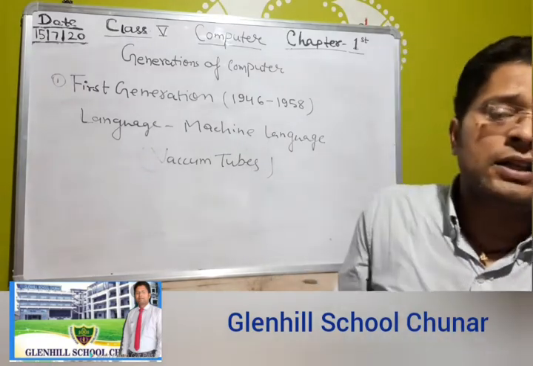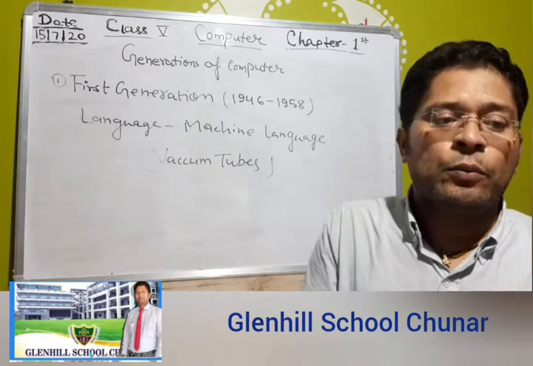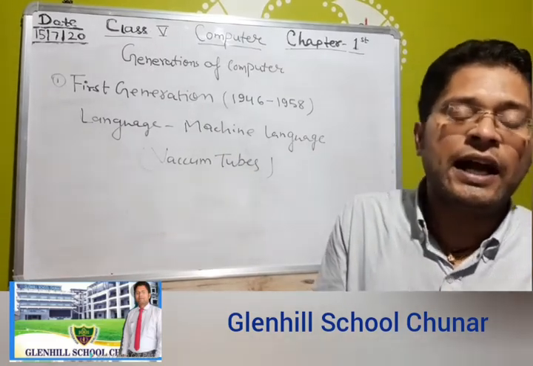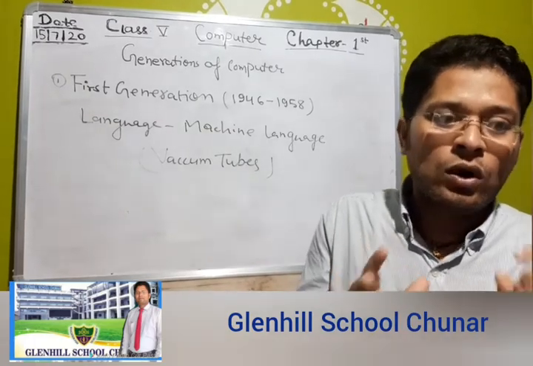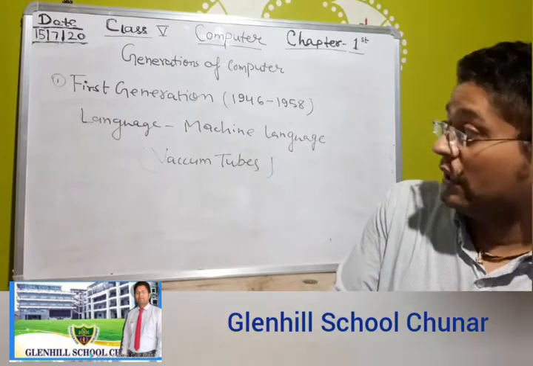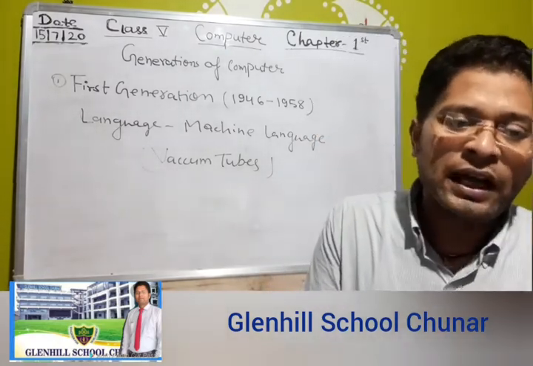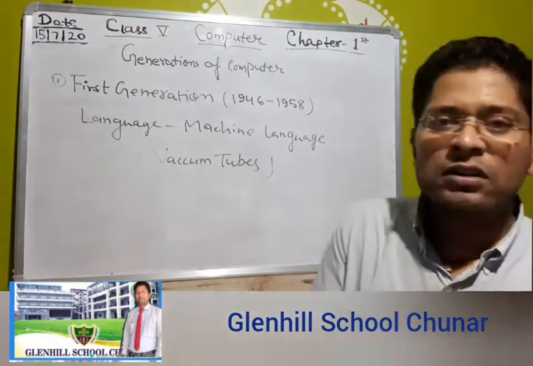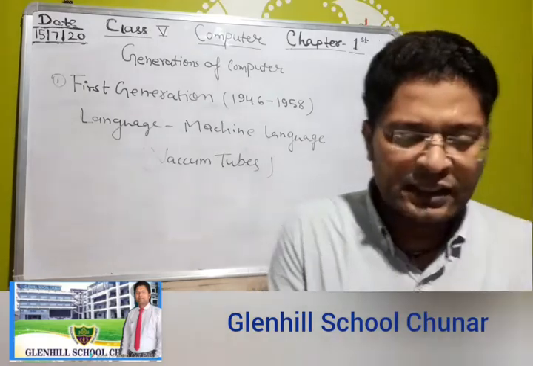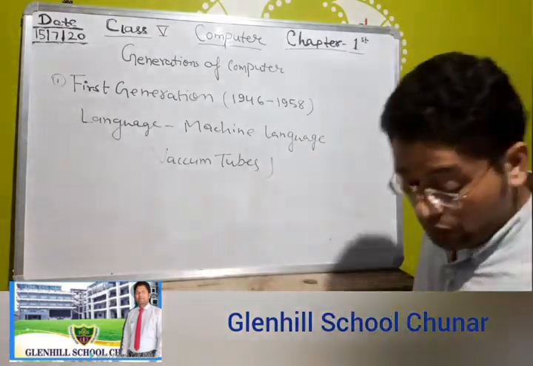They were very large in size and produced a large amount of heat, and they had to be cooled down by air conditioner. The operating speed was very slow and they were not reliable. Okay, student? This is a drawback of the first generation computer.